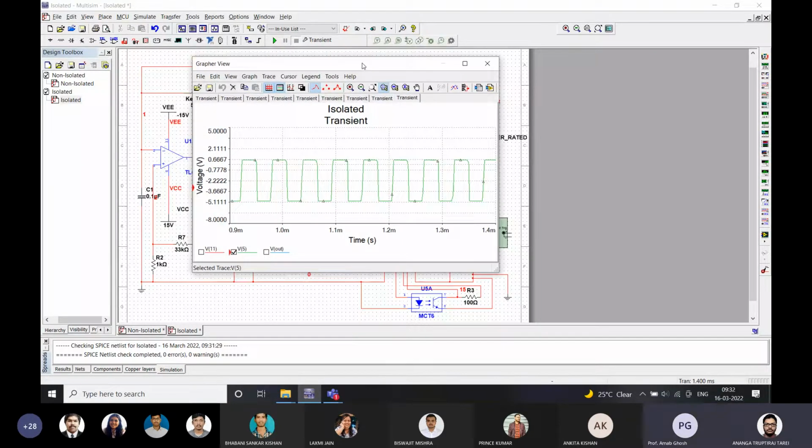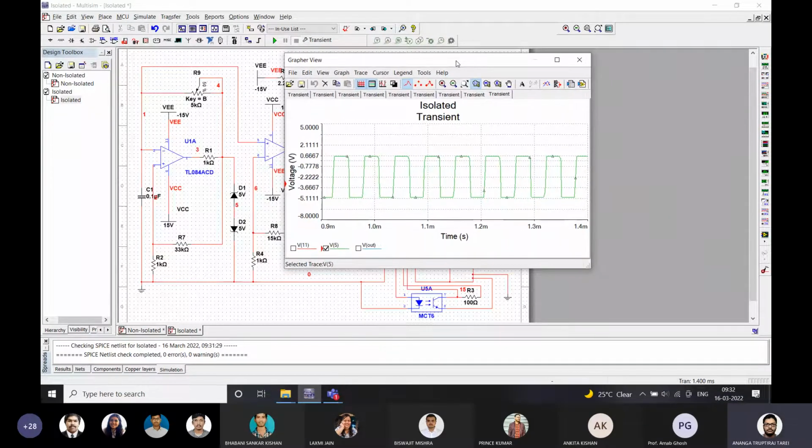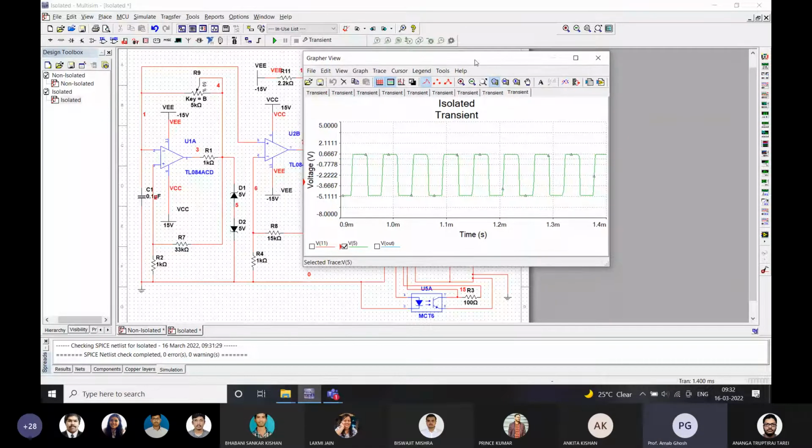So this is the output of the first op amp. Square wave output, which is like an astable multivibrator. Okay. Both are in phase. Did you see that?